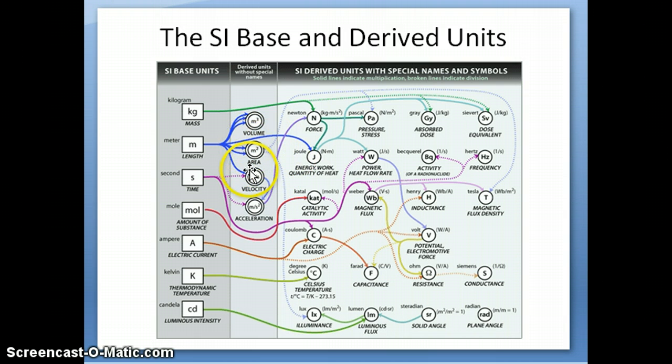Each of those properties, length and width, are expressed as units of length. So if we want to know the unit of area, it will be the unit of length squared. So if the unit of length is meter, then the unit of area must be meter squared. In other words, area has a derived unit from length, which is the base unit.